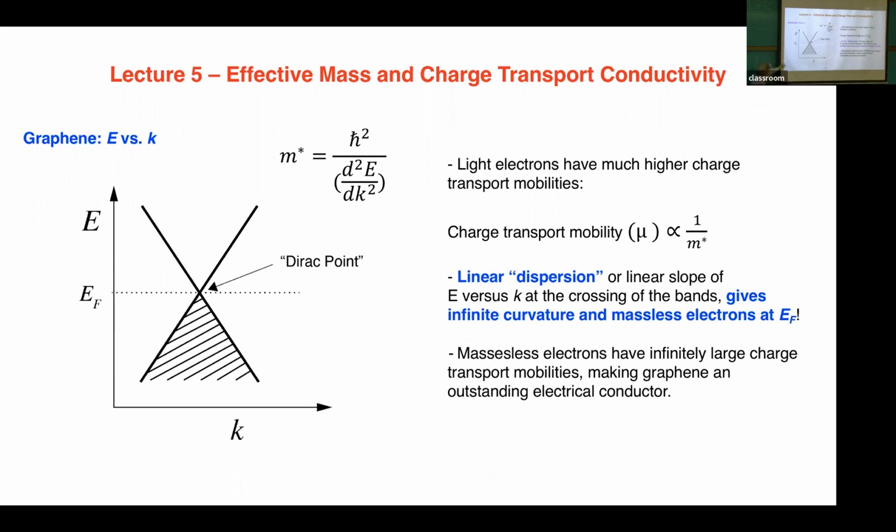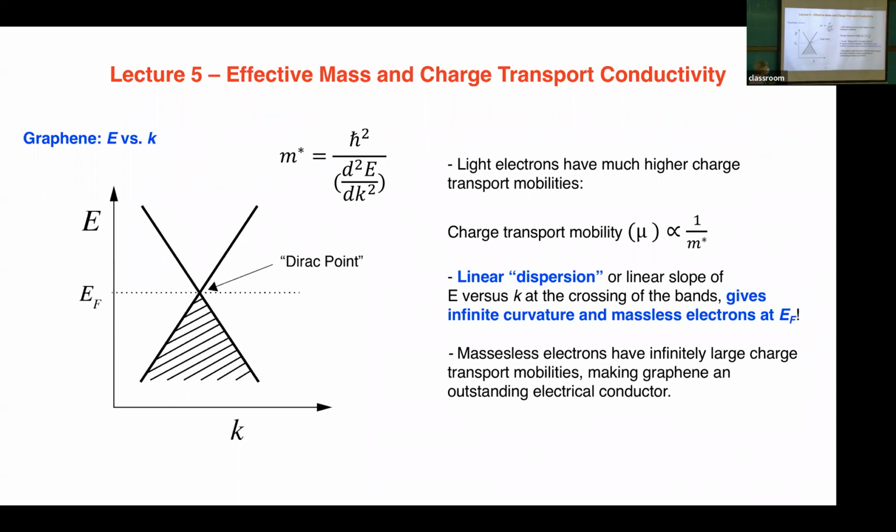And so people say, all right, well, the curvature is high. That means that if the Fermi energy is exactly at that point, the so-called Dirac point, the electrons in graphite or graphene have zero effective mass. They're not bound to the lattice at all, and their charge transport mobility goes to infinity. So this is why graphene and graphite are very, very good conductors of electricity.